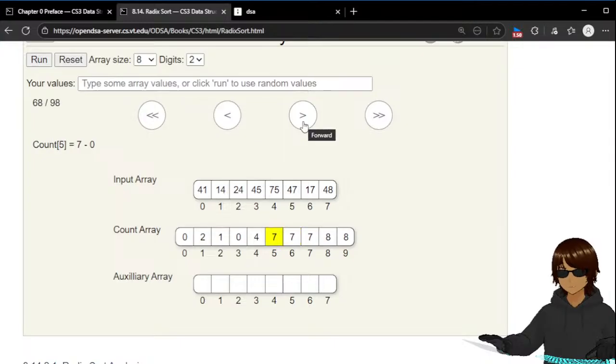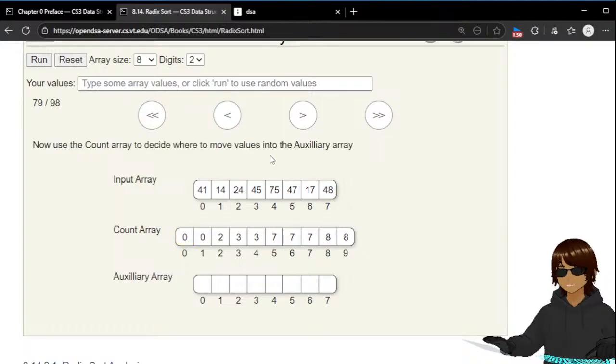Minus 0. 7 minus 4. 3 minus 0. 3 minus 1. 2. 2 minus 2 is 0. What if you ended up with a negative number?